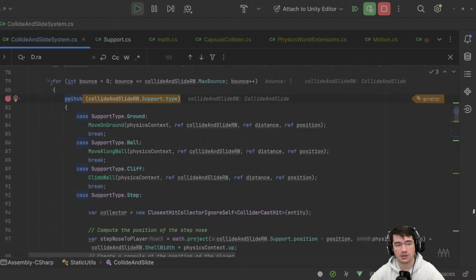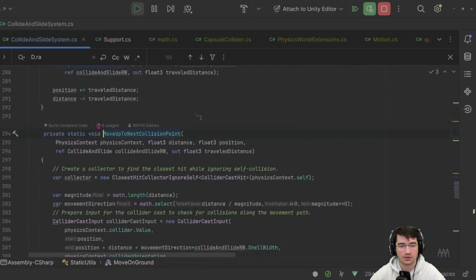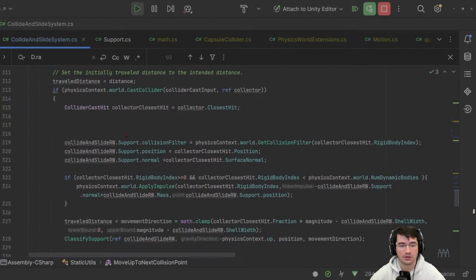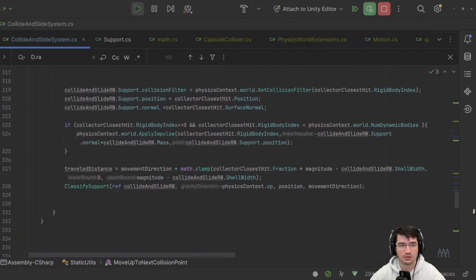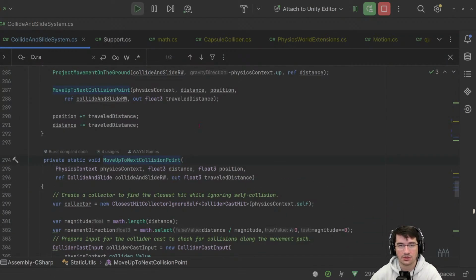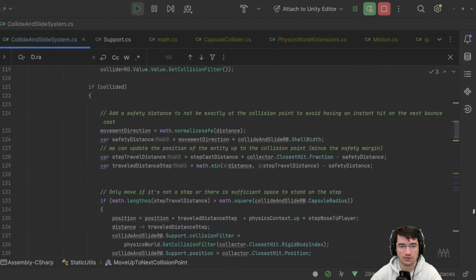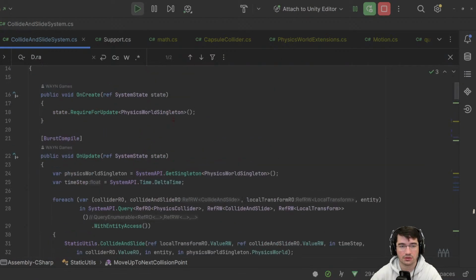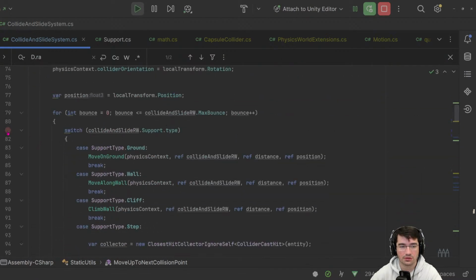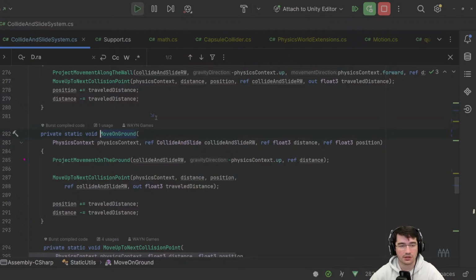So the issue is that after this one, okay, so let's continue. Where is my current cursor? Let's go inside here.